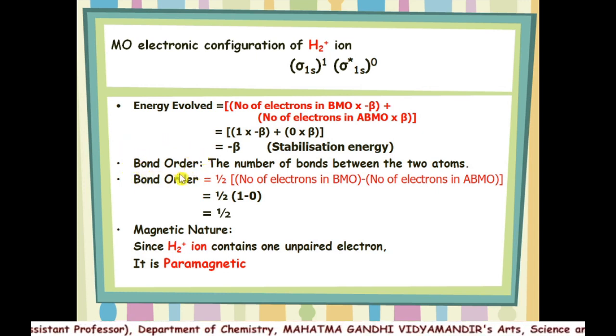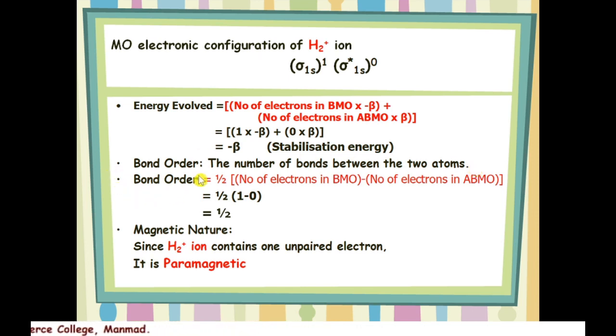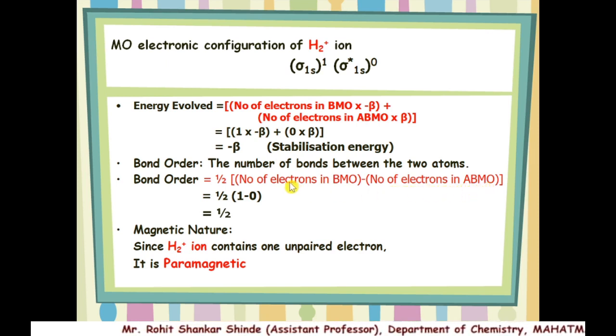Now let us calculate bond order. Firstly, what is bond order? Bond order is nothing but the number of bonds present between the two atoms. The bond order can be calculated by using this formula: 1/2 multiplied by the number of electrons in BMO minus the number of electrons in ABMO. So let us put the actual values in this formula.